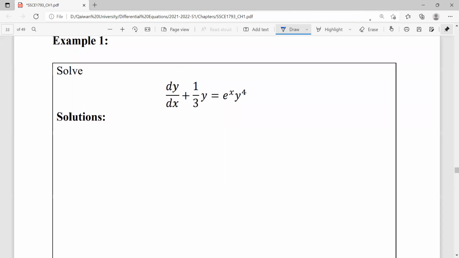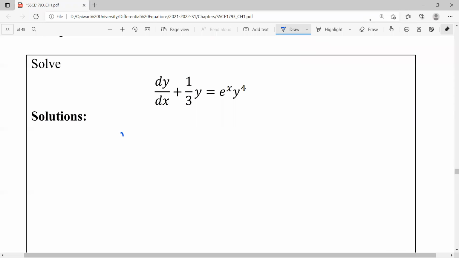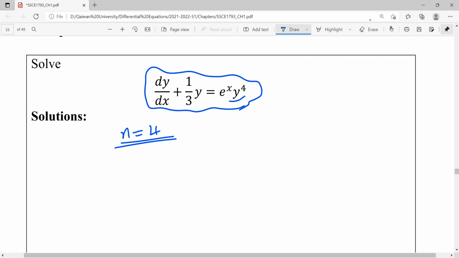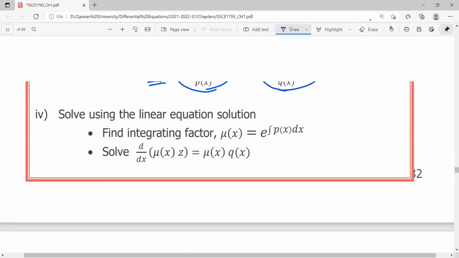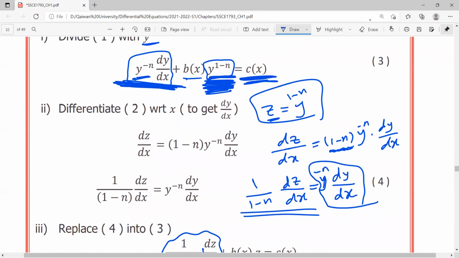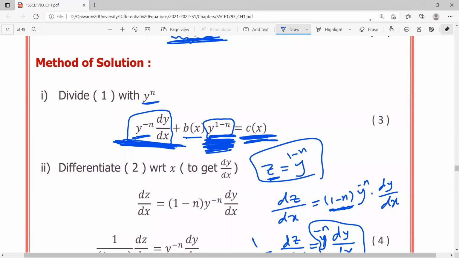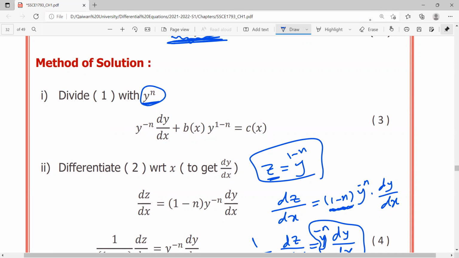So we say n is 4. This is n. And now we are going to divide both sides of this equation by y to the power 4. As we said here, in the first step, what we do, we divide both sides of the equation by y to the power n.